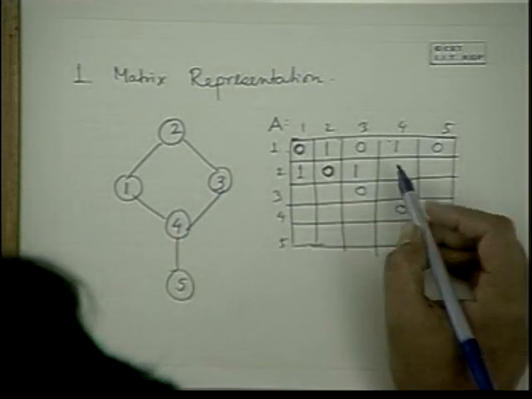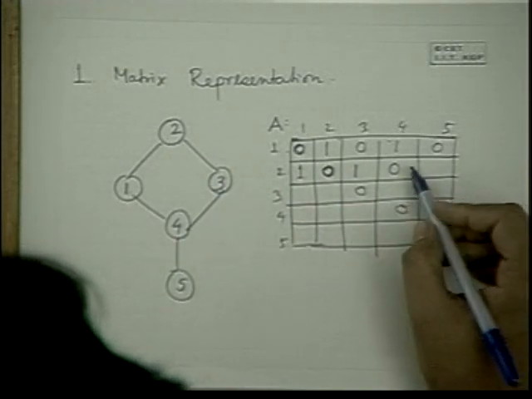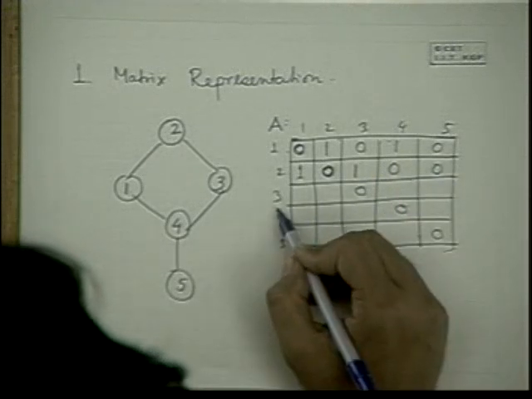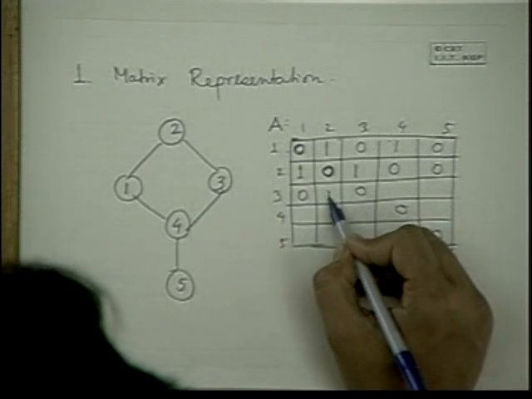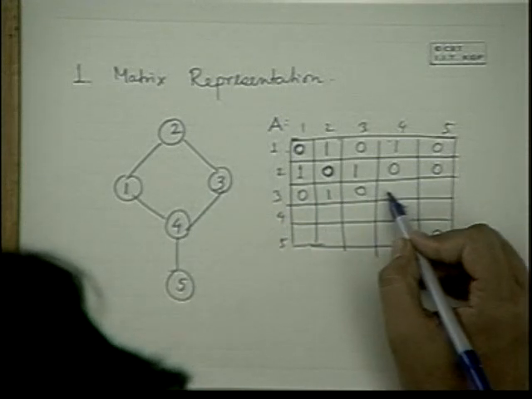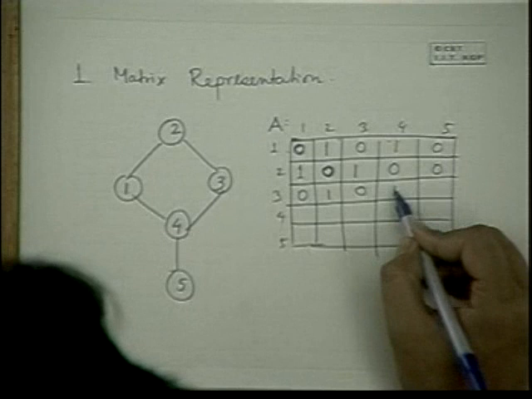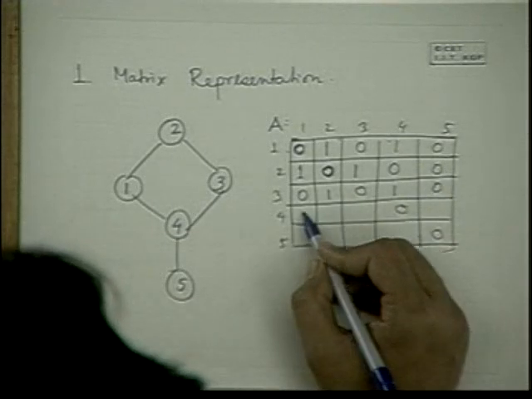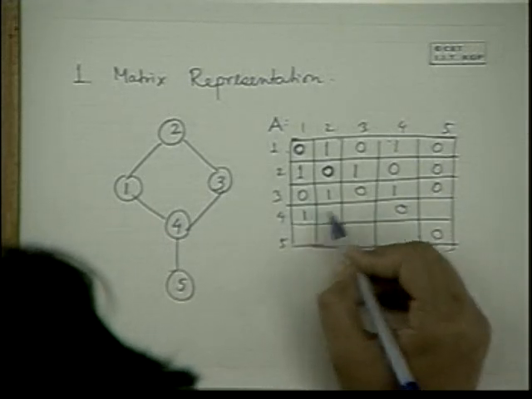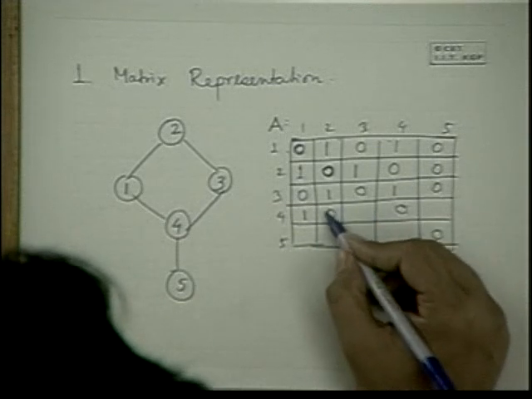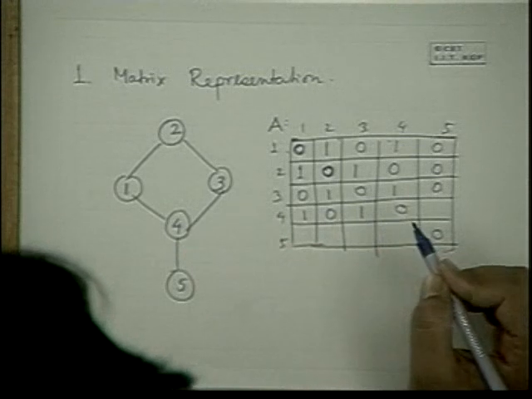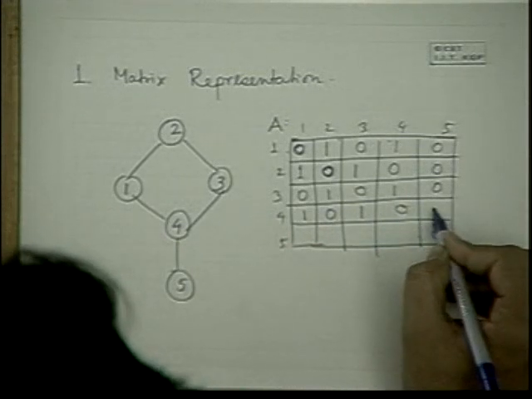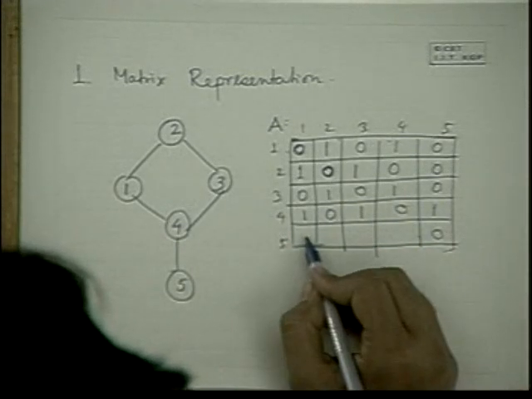A23 has an edge, A24 does not have it, A25 does not have it. A31 does not have any edge, A32 has an edge, A33 we don't care, A34 has an edge, A35 does not have one. A41 has an edge, A42 does not have any edge, A43 has an edge, A45 does not have an edge.